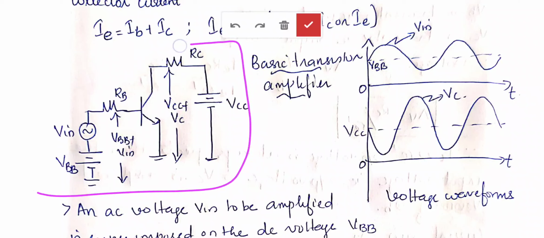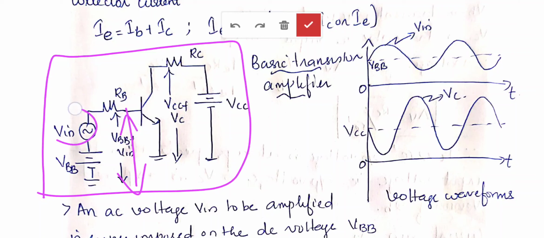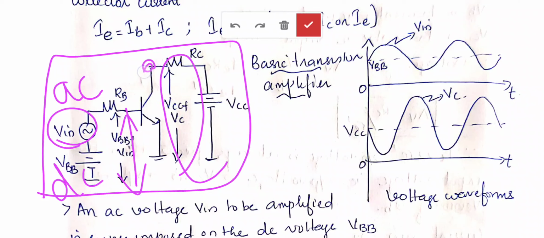So this is the simple circuit diagram of a common emitter amplifier circuit. The voltage available at the input will be Vin, which is an AC voltage, and VBB, which is a DC voltage. So VBB plus Vin, and the output voltage will be obtained at the collector, VC plus VCC.